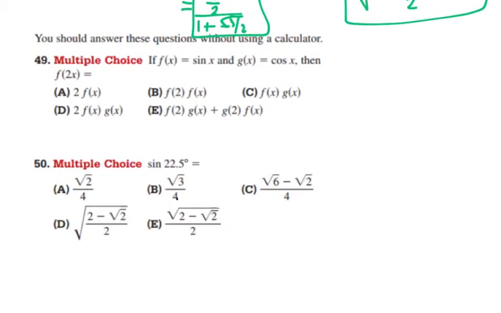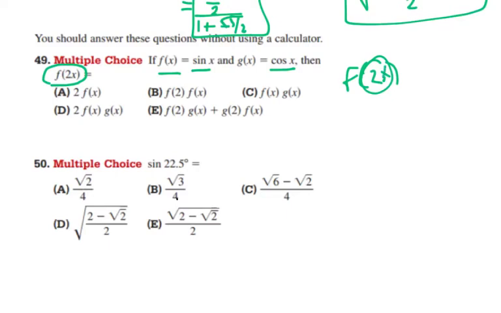So, next ones we're doing without a calculator. So we've got f of x is sine x and g of x is cosine of x. And we're going to find f of 2x. So f of 2x is going to replace the x in our function of f with 2x.